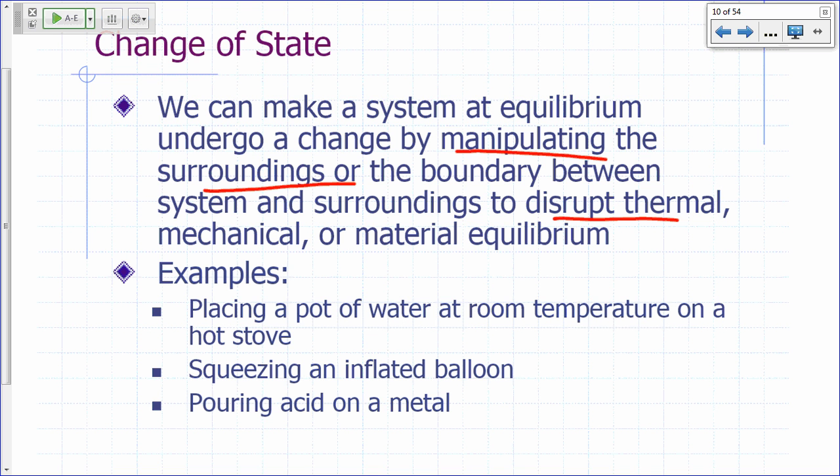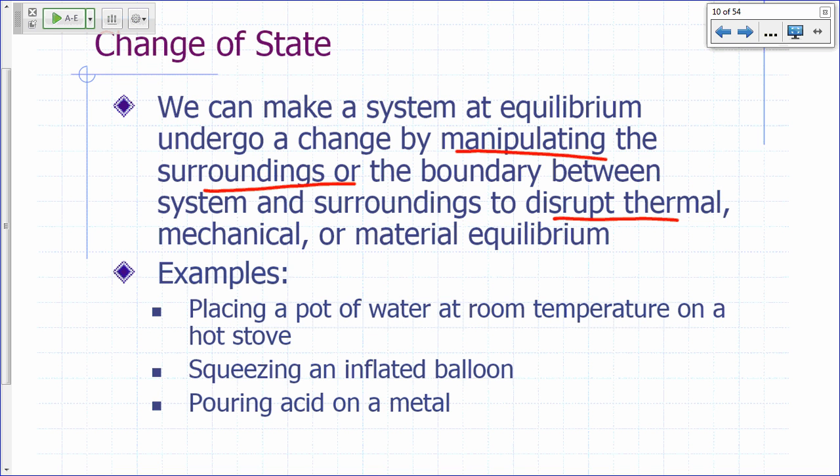For example, let's say you have a pot of water at room temperature. It's not doing anything. You're looking at it, it's fixed temperature, it's not changing its volume, so we say it's at thermal equilibrium, and mechanical equilibrium. How do we make that pot of water change? Well, you put it on a hot stove, you change the surroundings, so the surroundings is now hotter than the system.